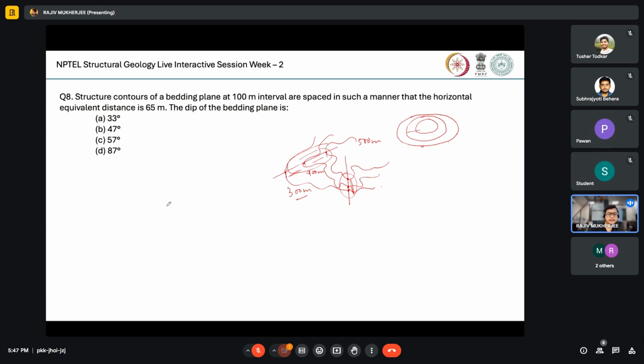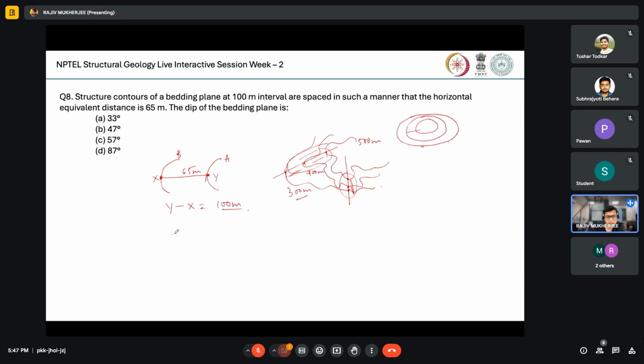Okay, so as we see, there are two contours, and the horizontal distance represented here is 65 meters, but these two contours represent an elevation difference of 100 meters. So if this is contour A and this is contour B, then this distance, if this is X and Y, then Y minus X is basically 100 meters.